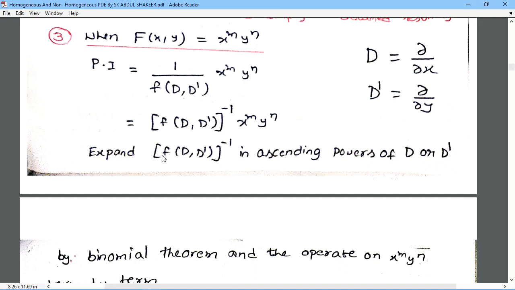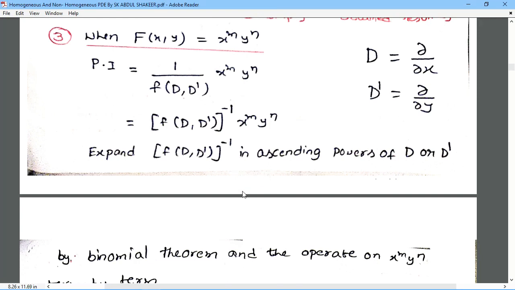Here we have to expand the term f of D, D dash whole to the power of minus 1 in ascending powers of D or D dash, using the binomial theorem expansion. Suppose it is of the form 1 minus x whole power minus 1, then it can be written as 1 plus x plus x square plus x cube and so on.